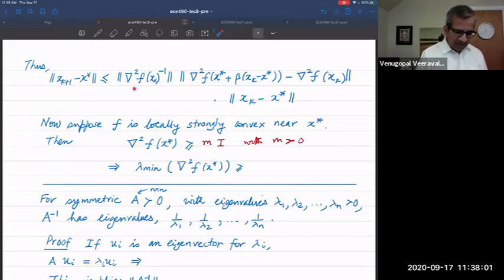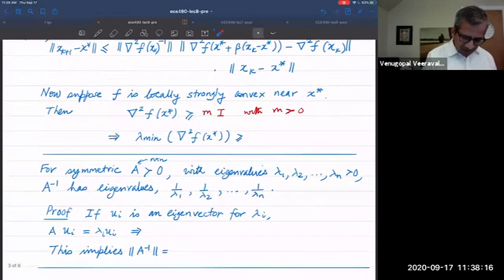But the maximum eigenvalue of the inverse of a matrix can be related to the minimum eigenvalue of the matrix. So in this condition, we'll focus on the minimum eigenvalue, and we know that the minimum eigenvalue of the Hessian under the strongly convex condition is going to be bigger than M, which is positive.